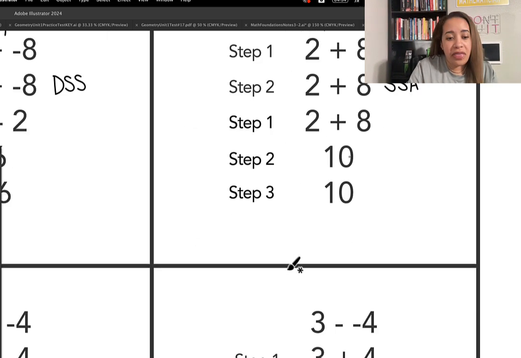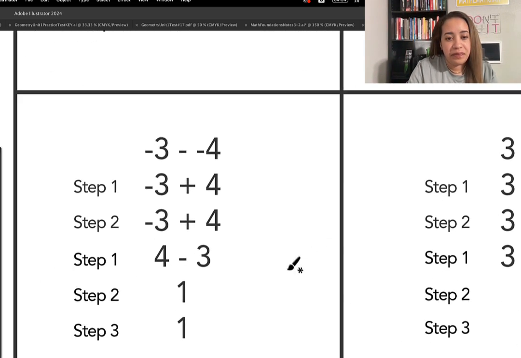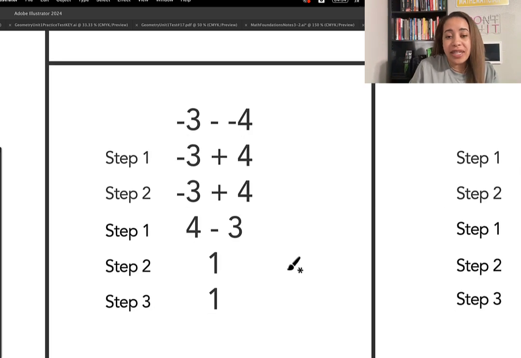Let's try out a third example. We see another subtraction problem. Every time we see subtraction, we're going to say the phrase keep, change. So we keep the negative 3, change from a minus to a plus, and then change from a negative 4 to a positive 4.